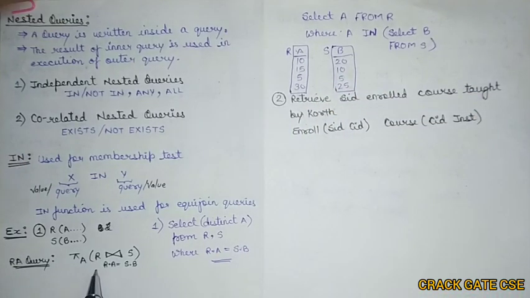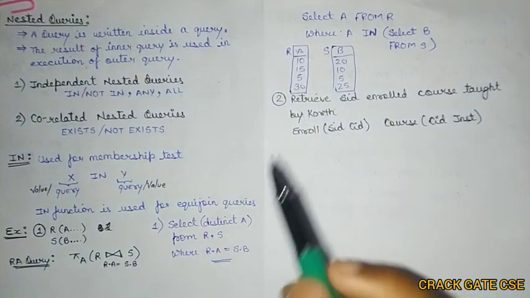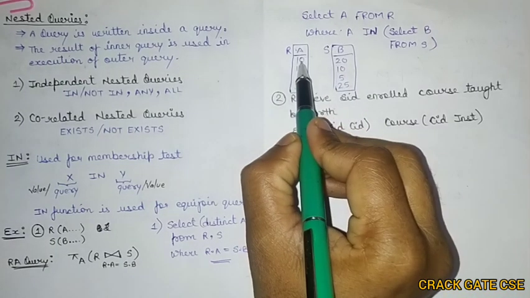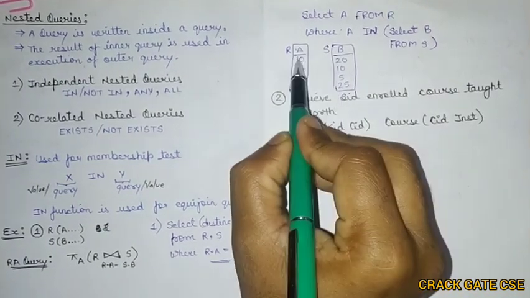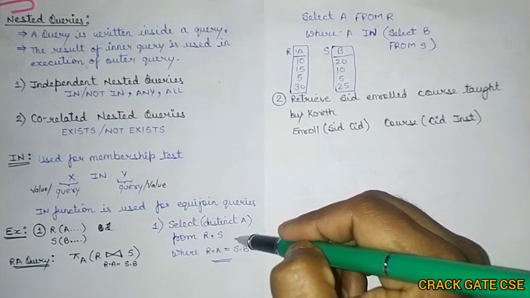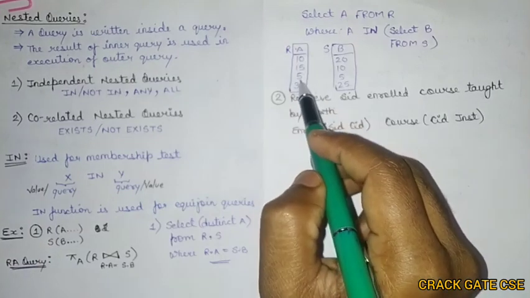According to this, if you want to project the A values, what will they be? R.A has to be equal to S.B. So 10 is equal and 5 is equal, so 10 and 5 are the two values. If you go with the IN query, it will also give you the same output, 10 and 5.